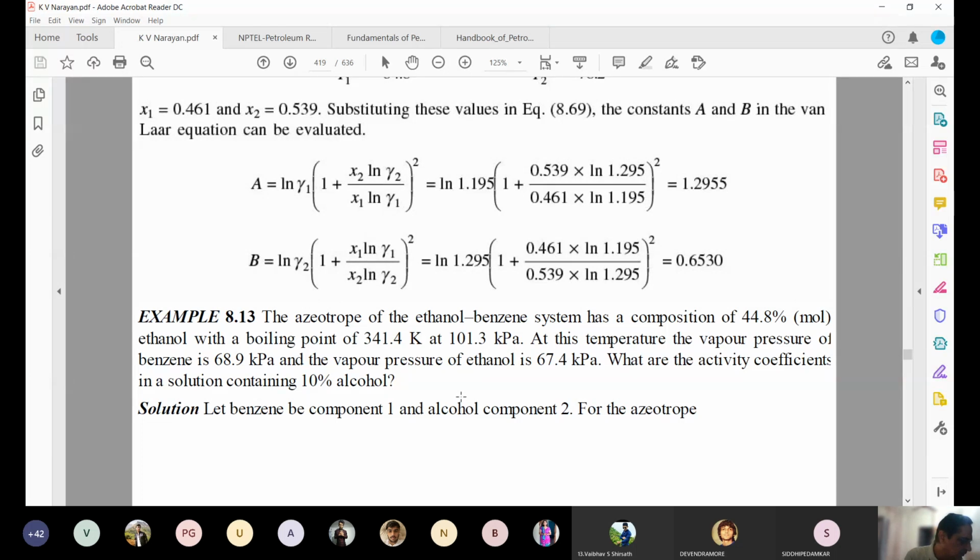Only there is some slight difference here. यहाँ जो composition दिया है, ethanol is 0.448, right?